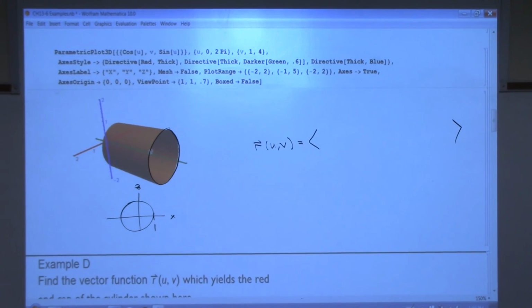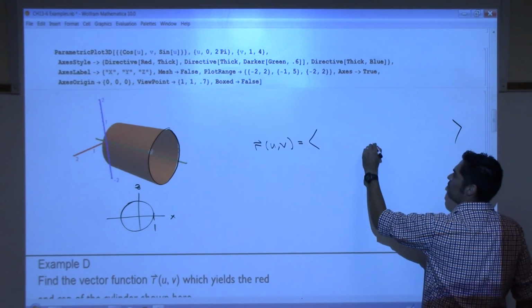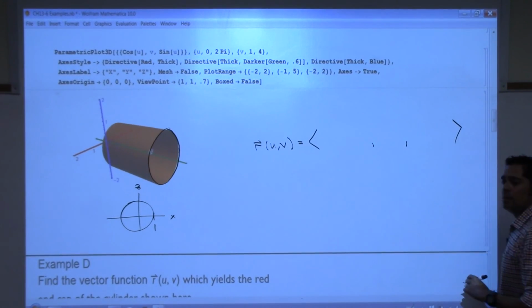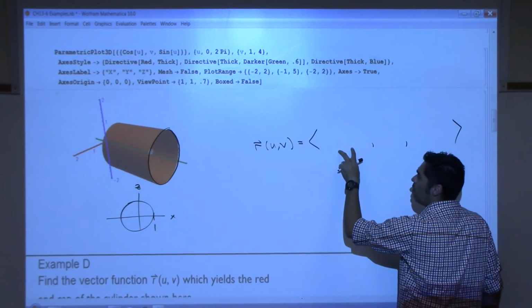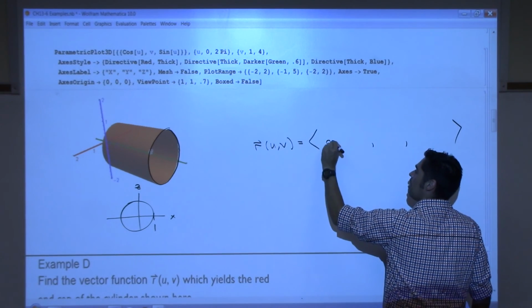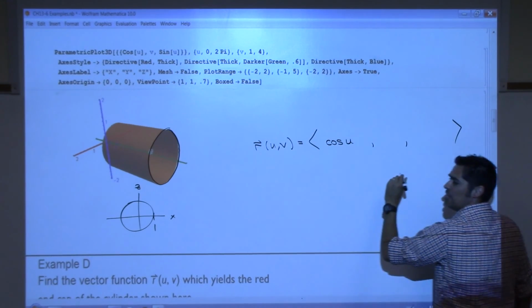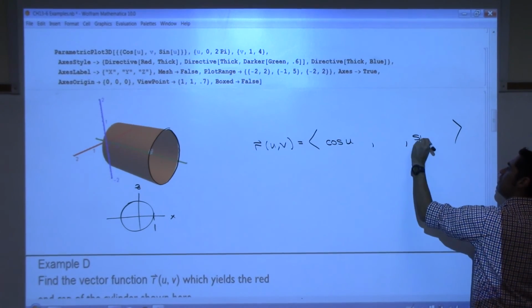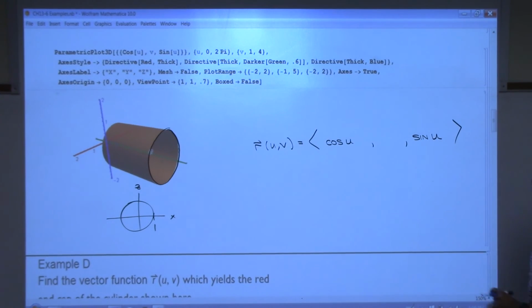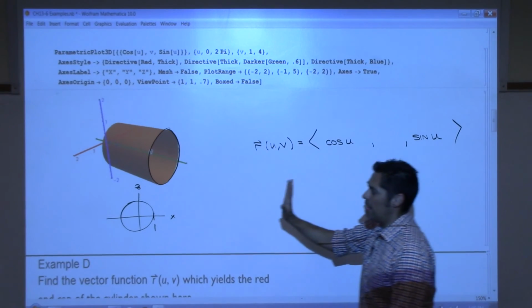There's no accepted convention that we always use. So what do you want? U or v? U? Okay, so in the x component, I'm going to put cosine u. In the z component, sine u. Everyone agrees that draws a unit circle that would be parallel to the xz plane.